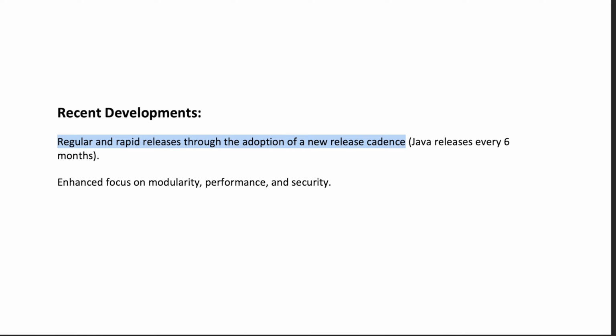Java releases every 6 months, with enhanced focus on modularity, performance, and security, and continual updates and improvements to the language and its ecosystem. Java's journey from its inception to the present has been marked by continuous evolution, adapting to technological advancement and community needs, making it a robust and versatile programming language used in various domains.